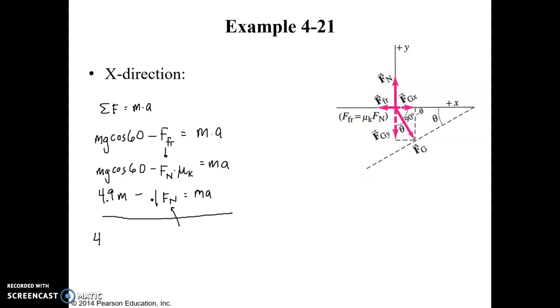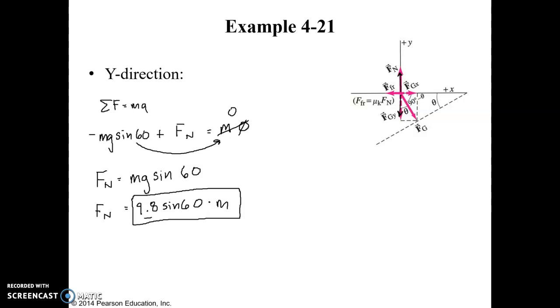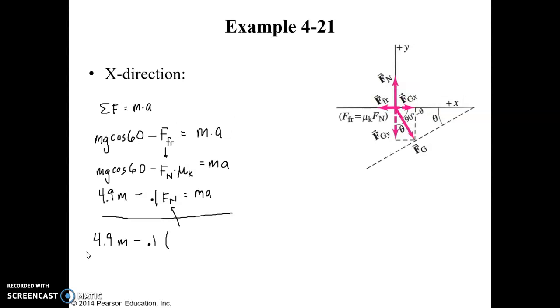So now this becomes 4.9 times the mass minus 0.1 times, let's see, what was that expression? 9.8 sine of 60 m. And that equals m times a, acceleration.